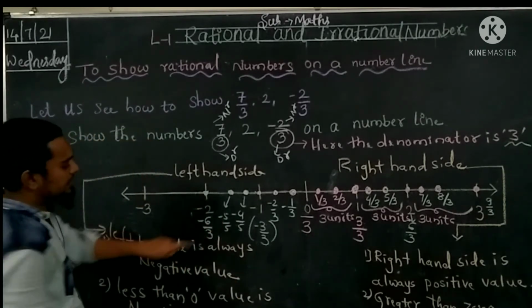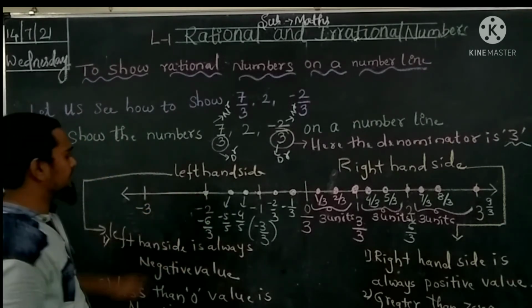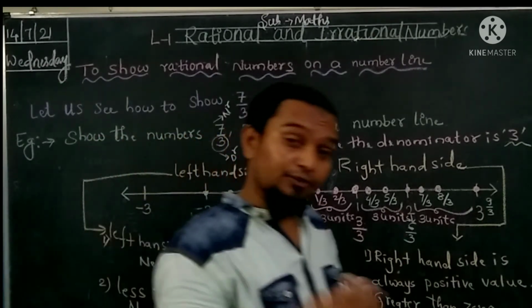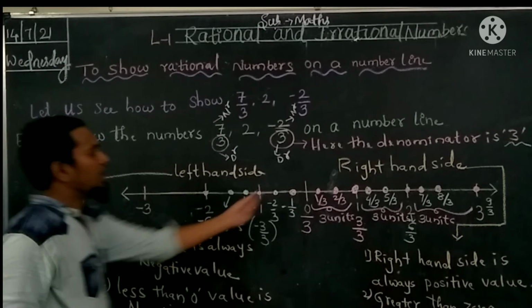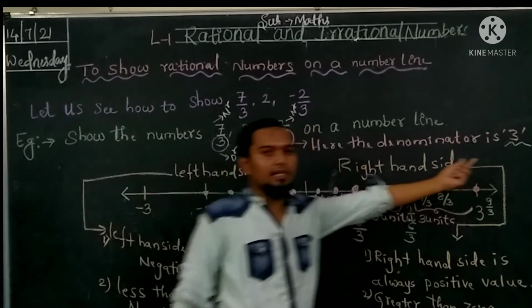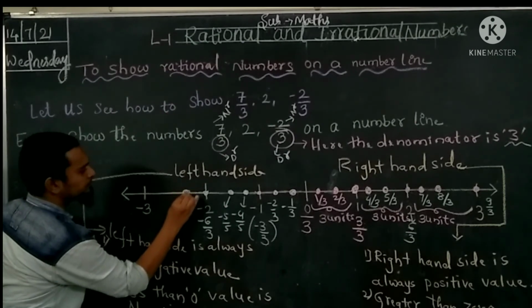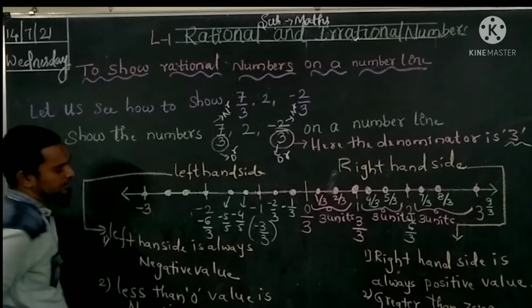3 twos are 6, minus 2 as it is. Next, the difference between minus 2 to minus 3 is how much? Here the denominator is given as how much? 3. Therefore, 1 unit, 2 unit, and this one is 3 unit.